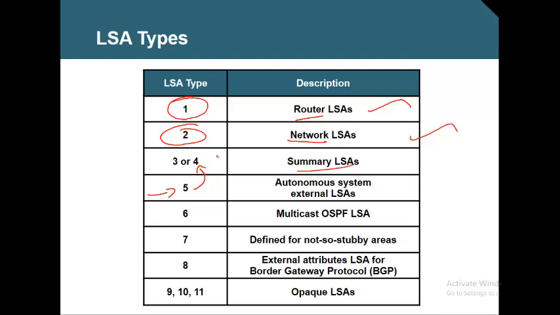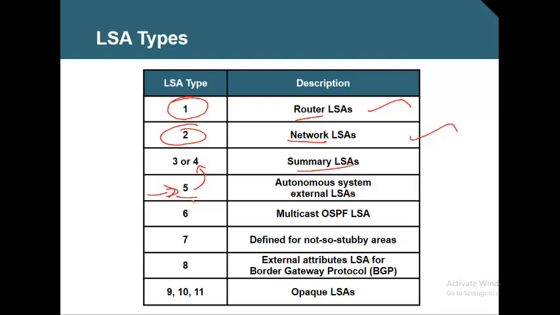I repeat, type 4 LSA and type 5 LSA don't originate from the same place. But they got something similar. We'll talk about that in some time. So I want to first touch type 5, then I'll come to type 4.